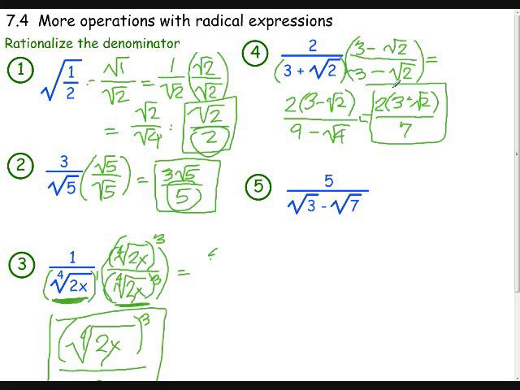Here's our answer. One more before we go on to the next page.